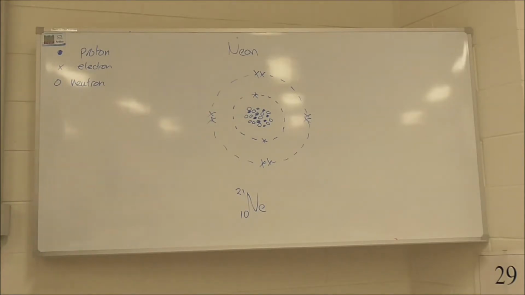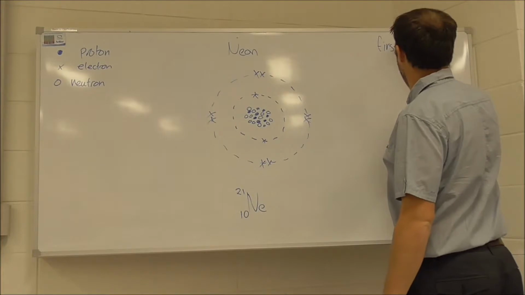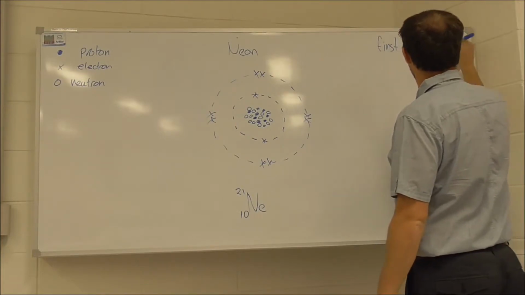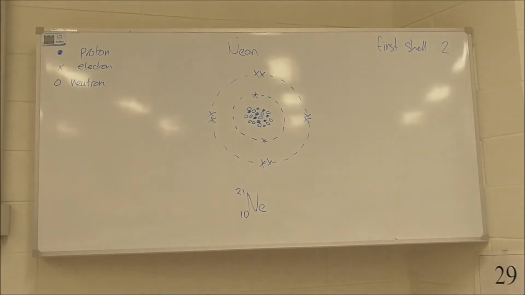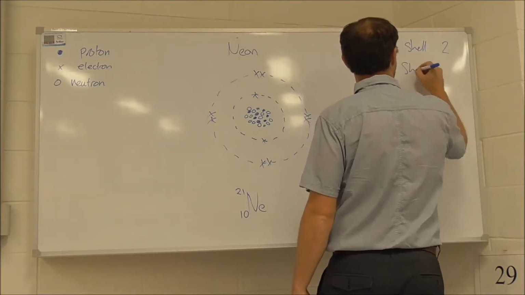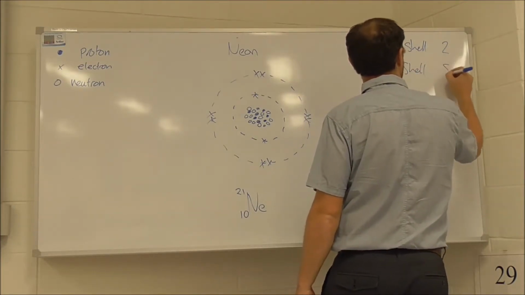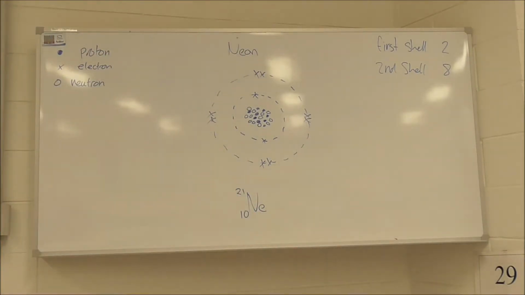So the first shell can only have 2 electrons in it. That's the maximum number of electrons. The second shell can have 8. How many do you reckon the third shell can have? 8 as well. So if you look at the third period, there's only 8 elements there.